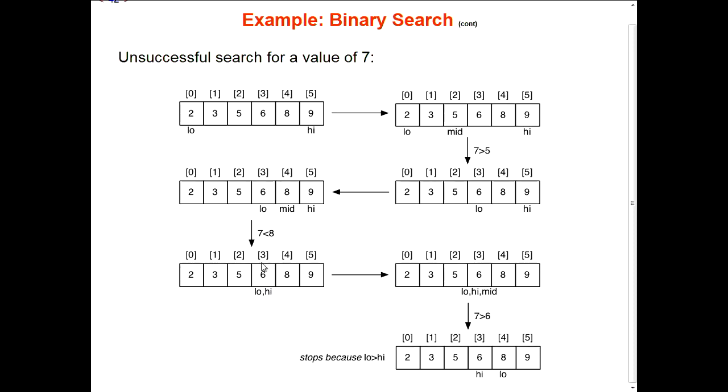Low and high have the same index 3. If that is the case, then the middle element is obviously that element itself. We see that 7 is greater than 6, so we would have to search in the second half of that remaining search space, but that obviously is empty.